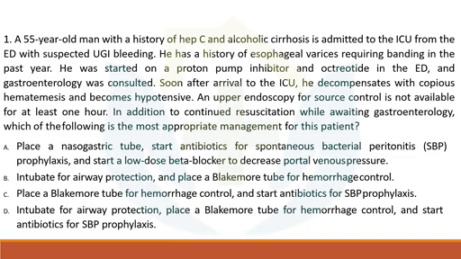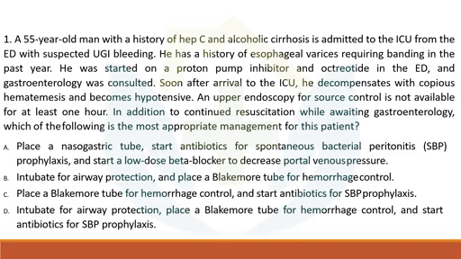In addition to the continued resuscitation while awaiting gastroenterology, which of the following is the most appropriate management for this patient? The options are: first, place a nasogastric tube, start antibiotics for SBP prophylaxis, and start a low dose beta blocker to decrease portal venous pressure. Second, intubate the patient for airway protection and place a Blackmore tube for hemorrhage control. Third, place a Blackmore tube for hemorrhage control and start antibiotics for prophylaxis.